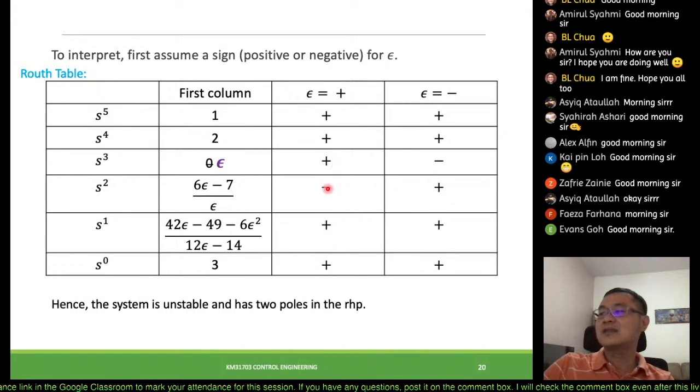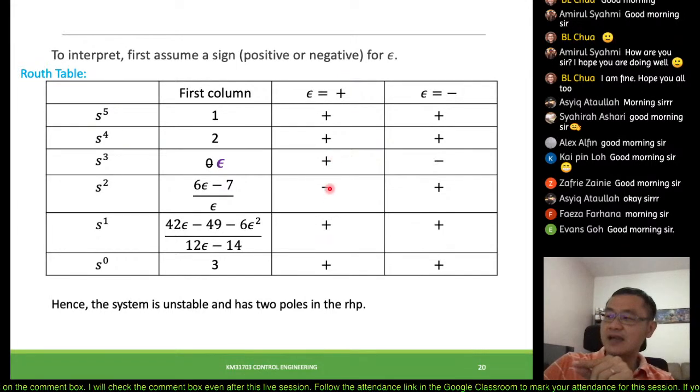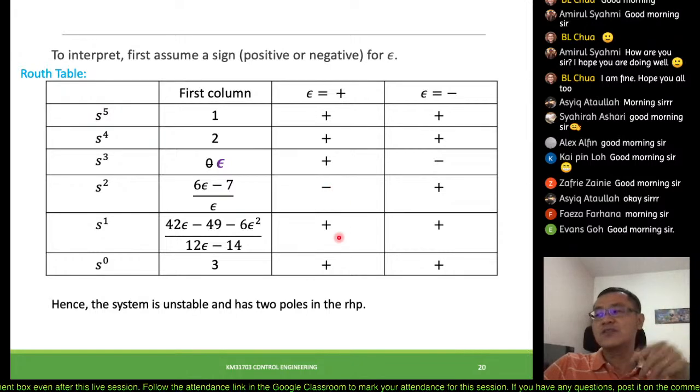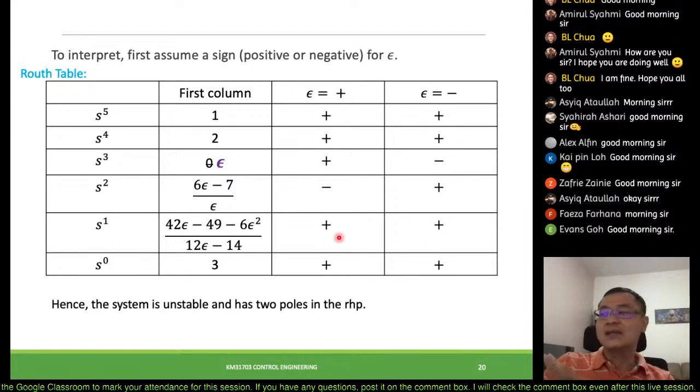So you can see that there are two sign changes when we assign a positive small value of epsilon. Since there are two sign changes, positive to negative one time, negative to positive another time, therefore there are two poles lying on the right half plane.